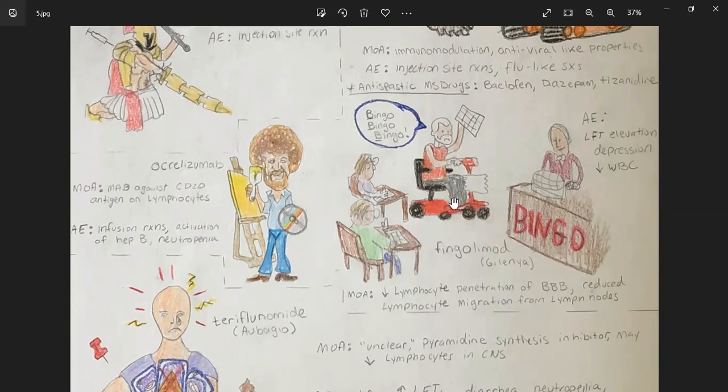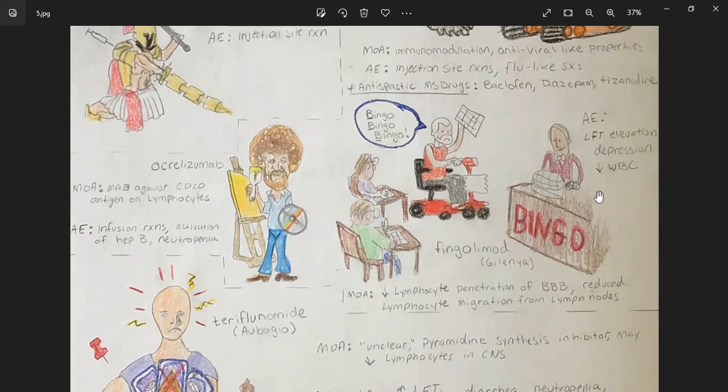So this guy has reduced mobility because of his limp to get to the front. That is supposed to be analogous with the lymphocyte migration.